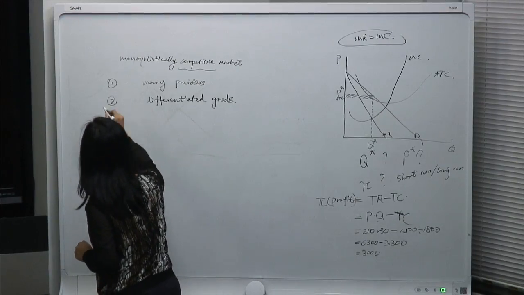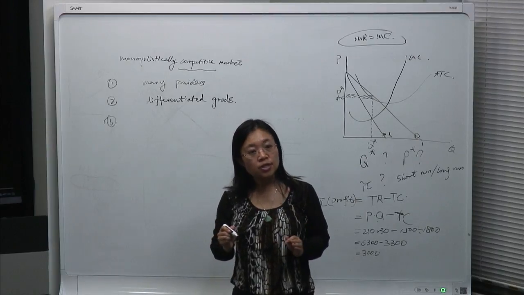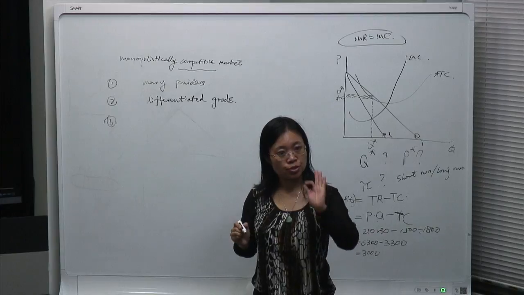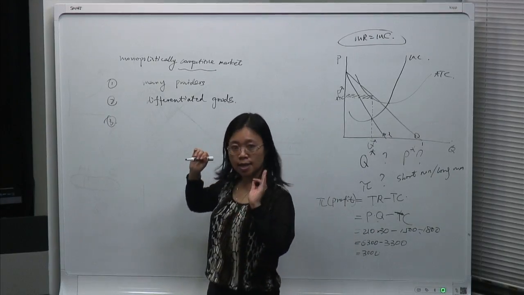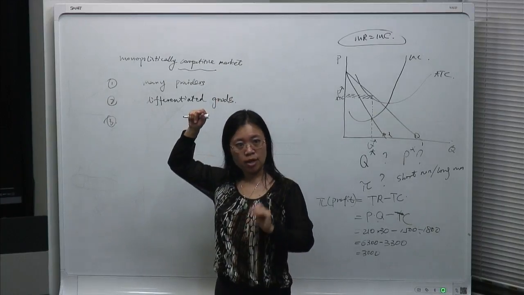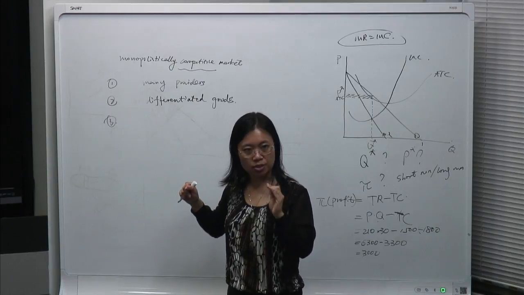How about entering and exiting? Is it easy to enter or not? It is easy to enter. The reason is, if it were not easy to enter or exit, it would not be competitive. Competition must come from easy entering and easy exiting.